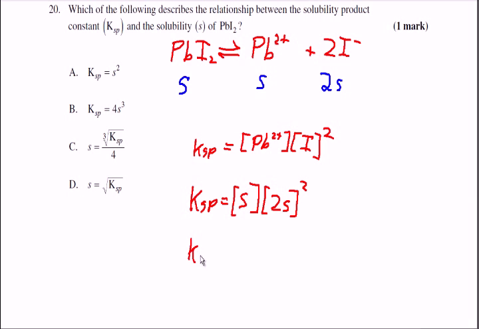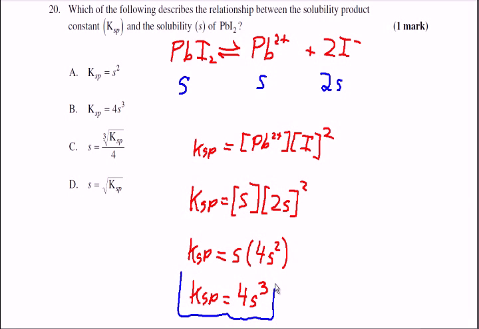So again, we just do a little bit of math right here, and we go S. Now 2S times 2S is 4S squared, and S times 4S squared, well, our Ksp equals 4S cubed. And hopefully you are already seeing that that looks like this one right here. Okay, so our answer is B.